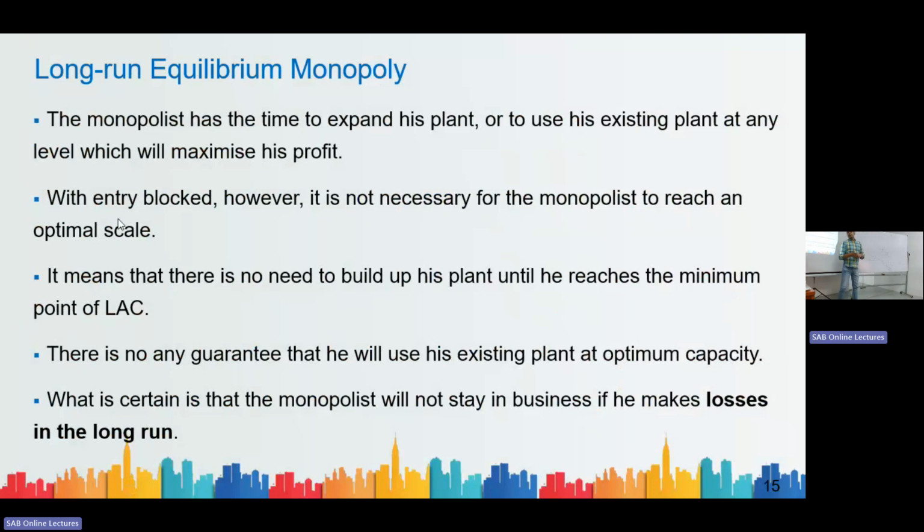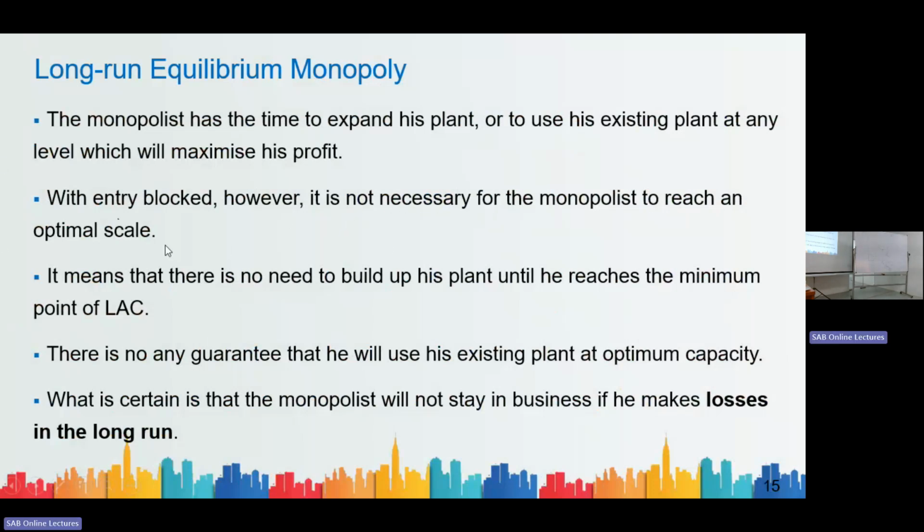Even though the monopolist has the monopoly power to expand its plant size up to the minimum point of long run average cost where the optimum scale exists, it is not necessary.